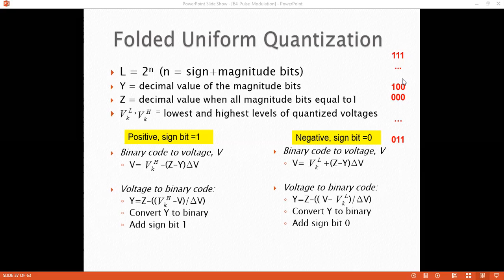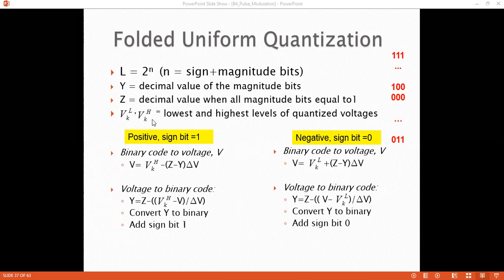Let's try another, 1, 0, 0. The Y value is 0, but the Z value is 3, which is 1, 1. We get a better understanding when we solve the question related to this.